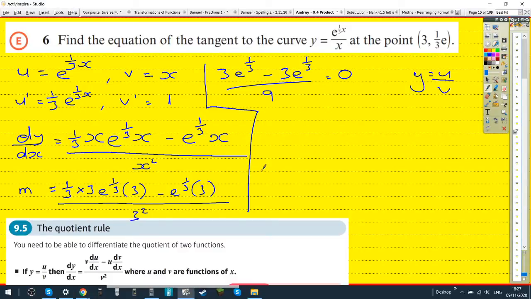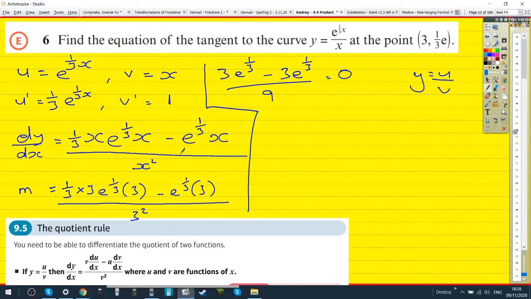Let me check this quickly. 1/3 e to the 1/3 x. We missed something out, chain rule as well. No, we didn't, we multiplied it by a third. And then the other one is x times 1, so v u dash.